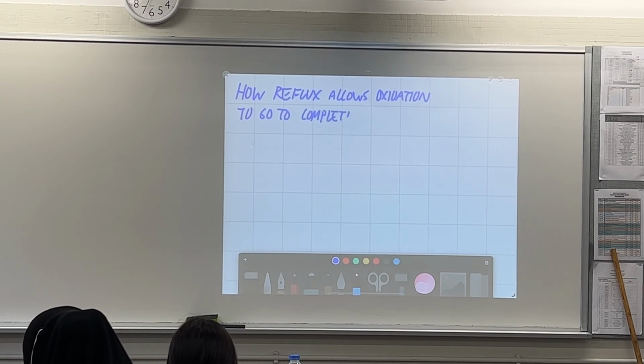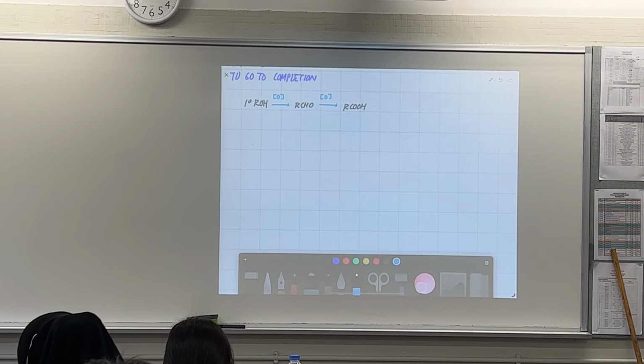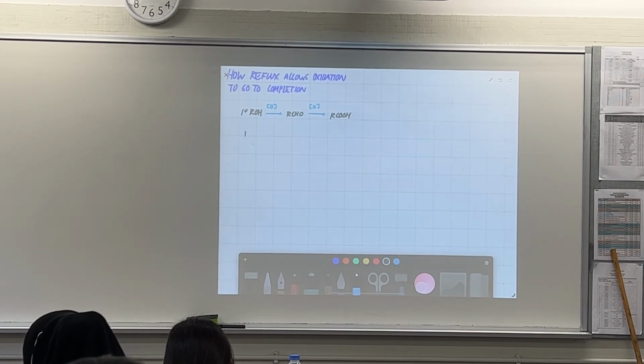So we have this quick review here. We have primary alcohol, they can stop temporarily at aldehyde before they will oxidize again into carboxylic acid. Both of these steps require oxidizing agents. Okay, let's see what happens inside the setup in here. So I will just draw it really quickly here.